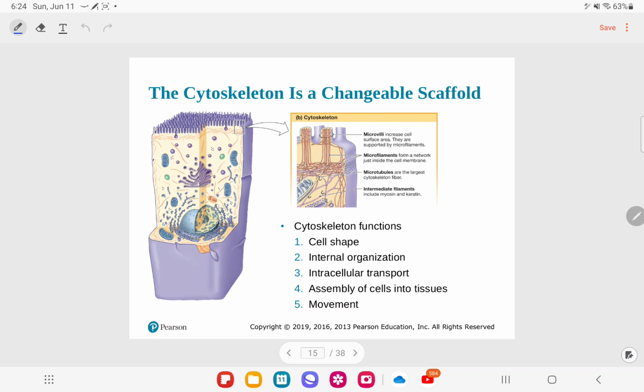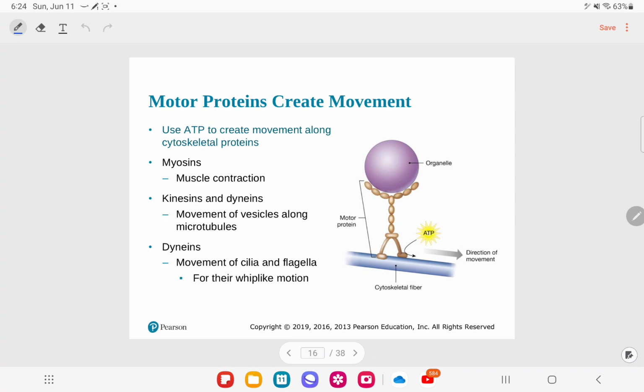Now the cytoskeleton is going to be a changeable scaffold, so it can change, and that cytoskeleton will function in cell shape, internal organization, intracellular transport, assembly of cells into tissues, helping that cell with movement. So there are some motor proteins that will create movement as well. These motor proteins will use ATP to create movement along the cytoskeletal proteins.